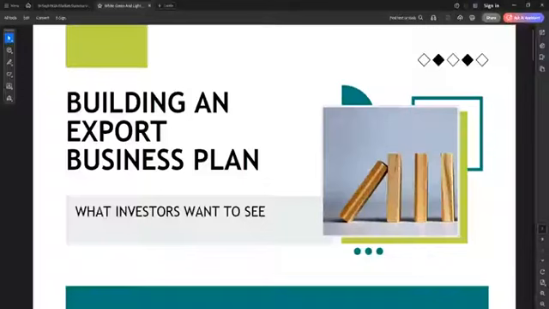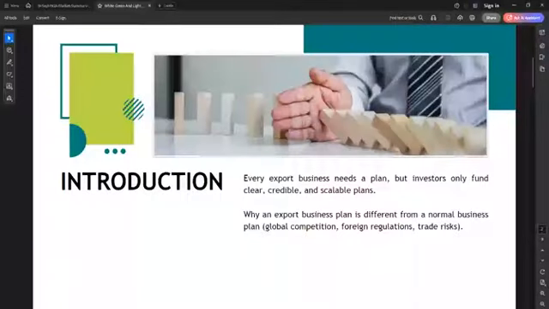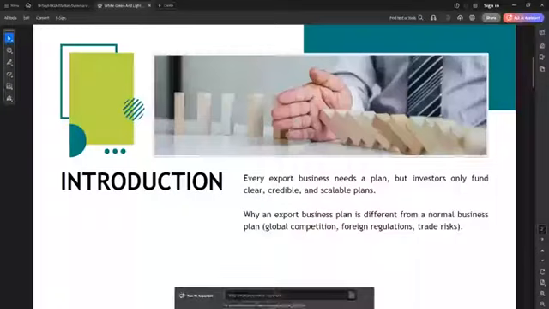So every export business needs a plan, just like every business out there needs a business plan.